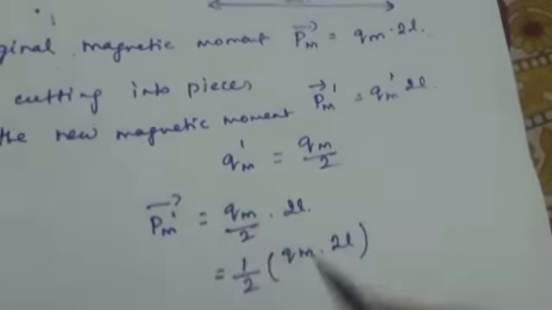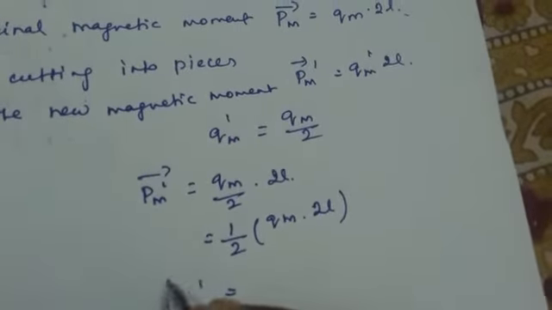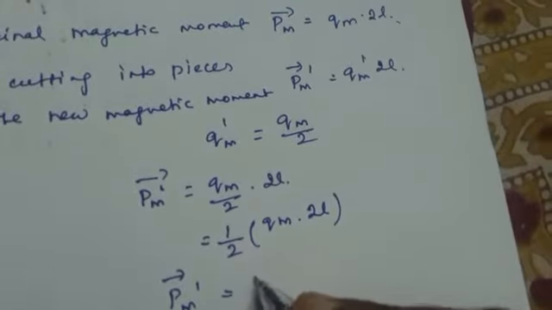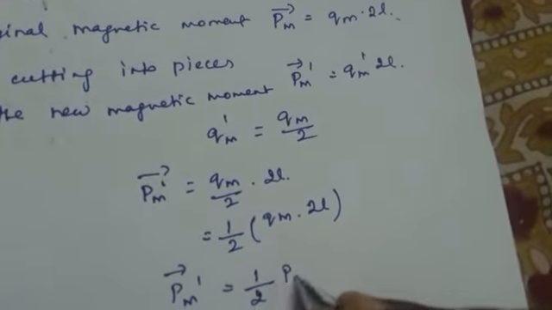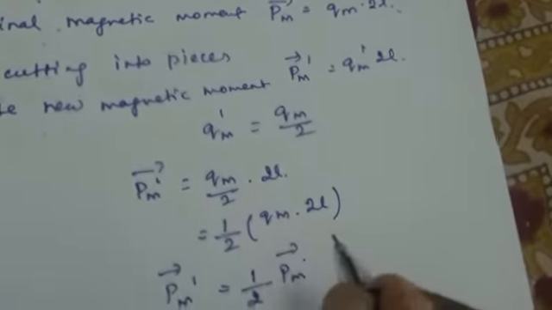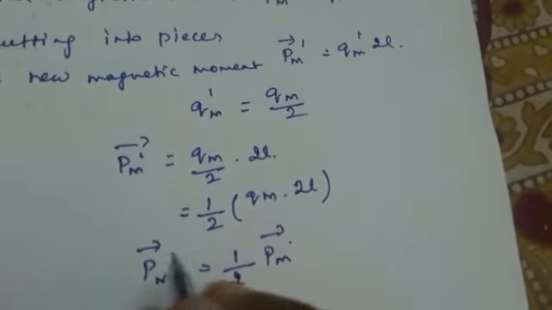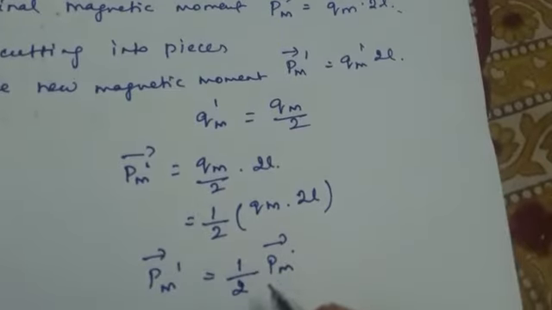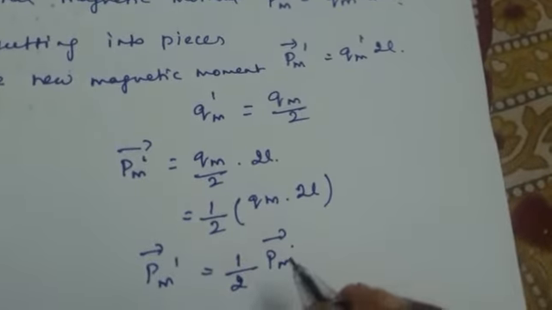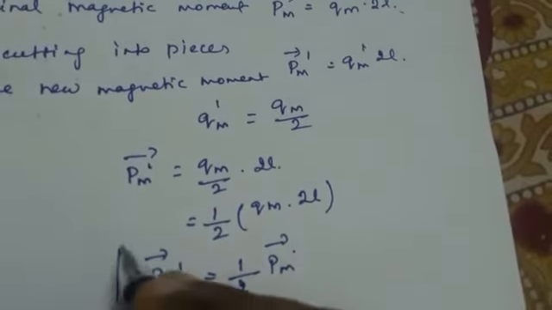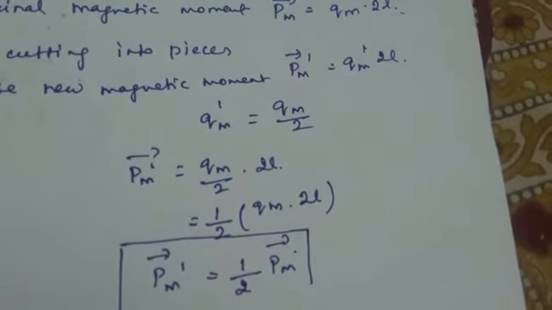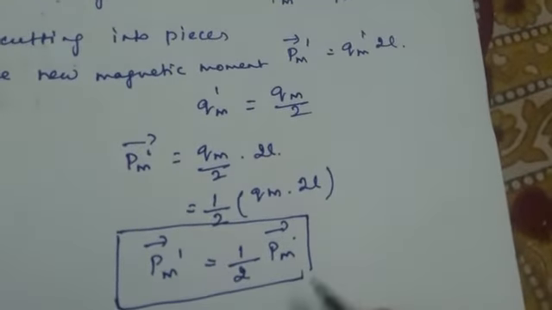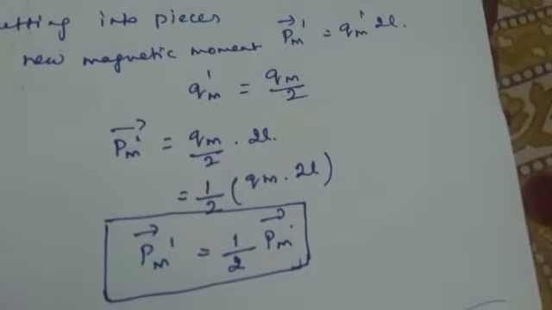So Pm dash vector is equal to 1 by 2 Pm vector. So after cutting into pieces, the magnetic moment becomes half of the original magnetic moment. So Pm dash vector is equal to half Pm vector.